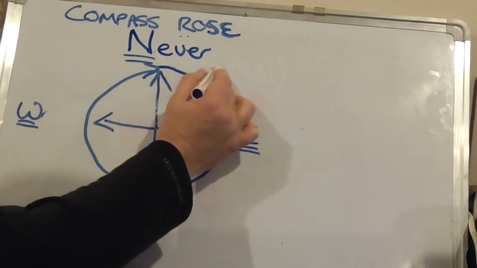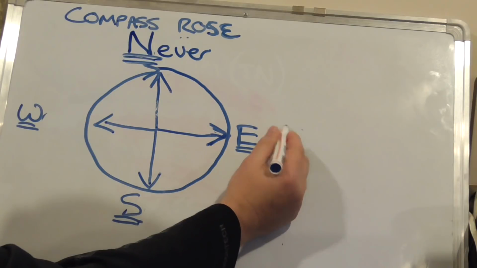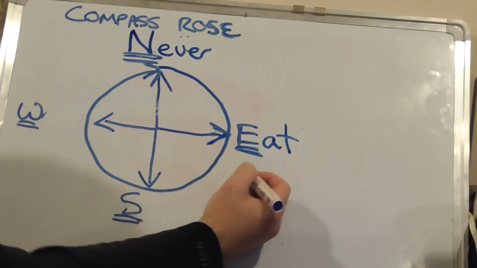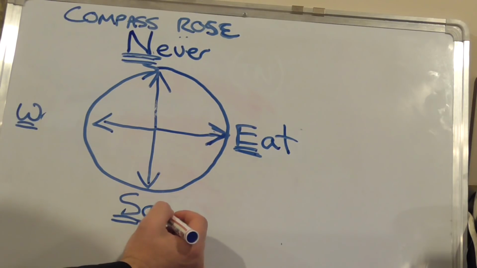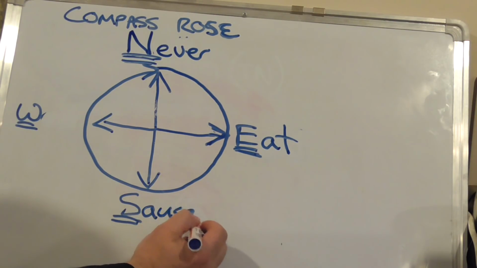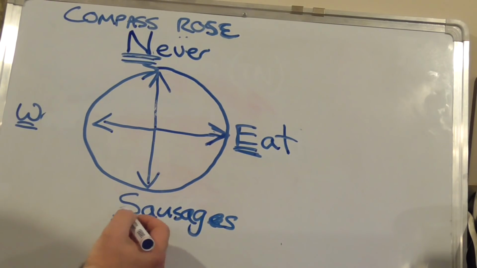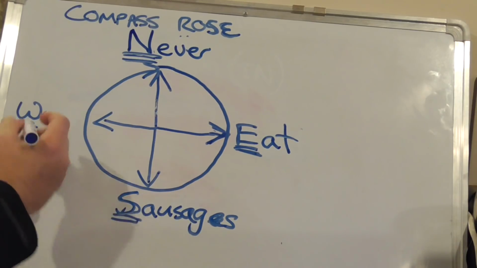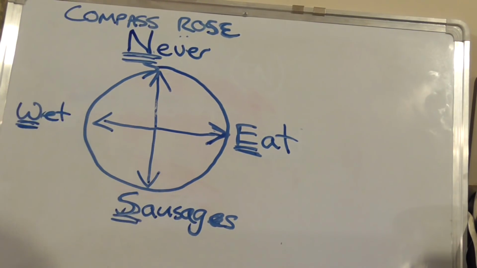So we go never for the N, eat for the E. Let me see if I can remember how to do this. Sausages, S, and W is wet. Never eat sausages wet.